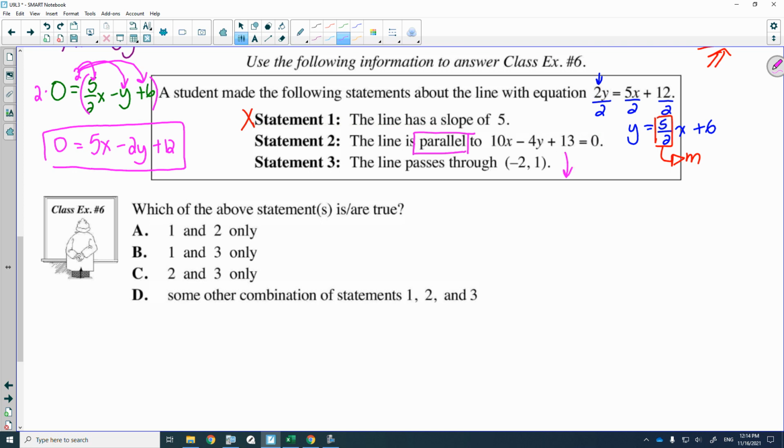So let's write the equation of this line. 10x minus 4y plus 13 equals 0. We want to go into y is equal to mx plus b because we want the slope. So I'm going to get rid of that negative 4y by adding 4y to both sides. And I'm going to have 10x plus 13 is equal to 4y. You're going to isolate your y by dividing everything by 4.